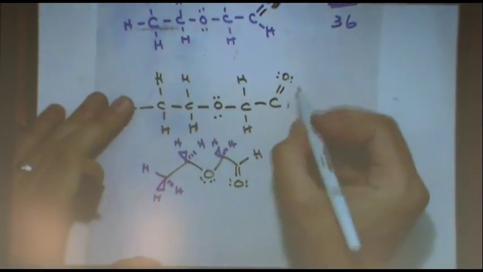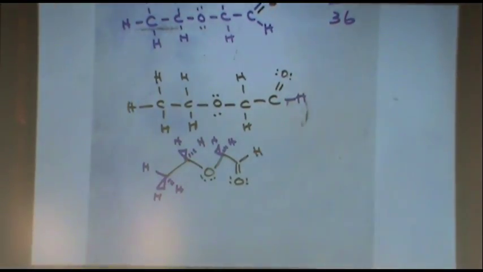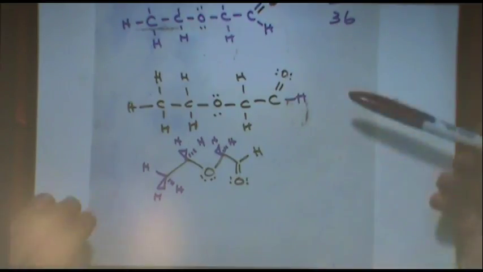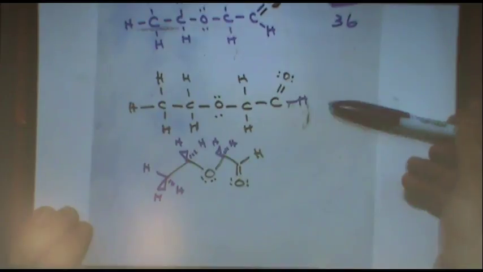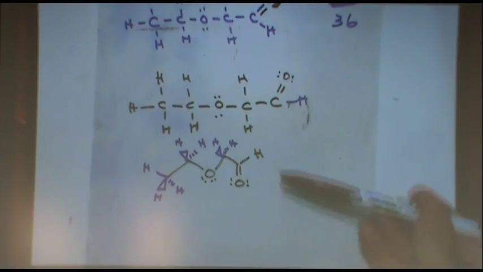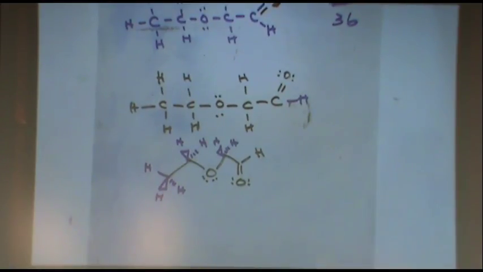What if I drew the H right here? What's that called? Conformer. Because it's just moved around a little bit. But this is not showing shape, so we don't care where things are. This is showing shape, and it could have some rotation. So there could be different conformers you could draw that would be correct.